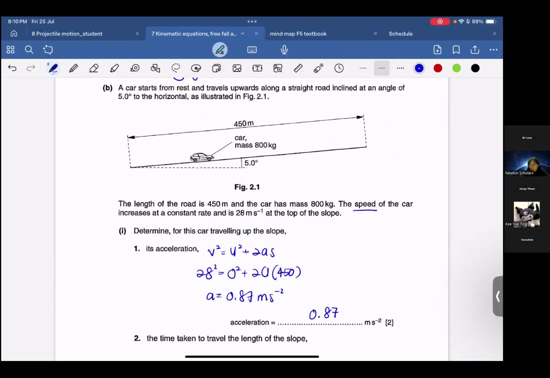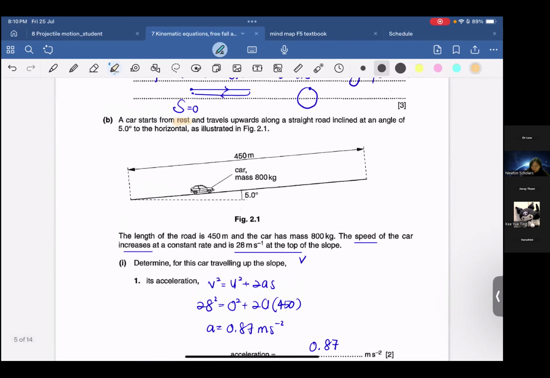Speed increases, that means we have to use the linear motion equation. Top is 28, that means this is final. From rest, so starting rest is 0. U equals 0.